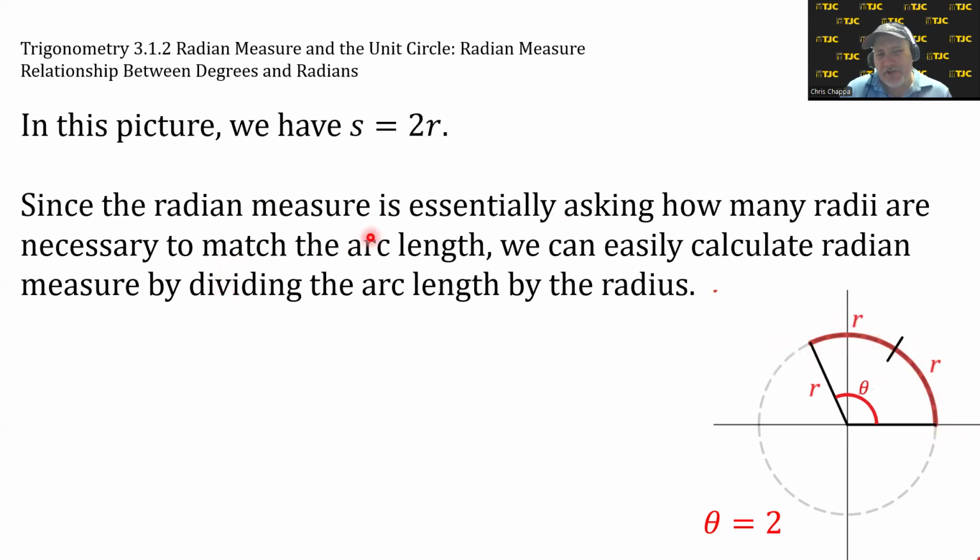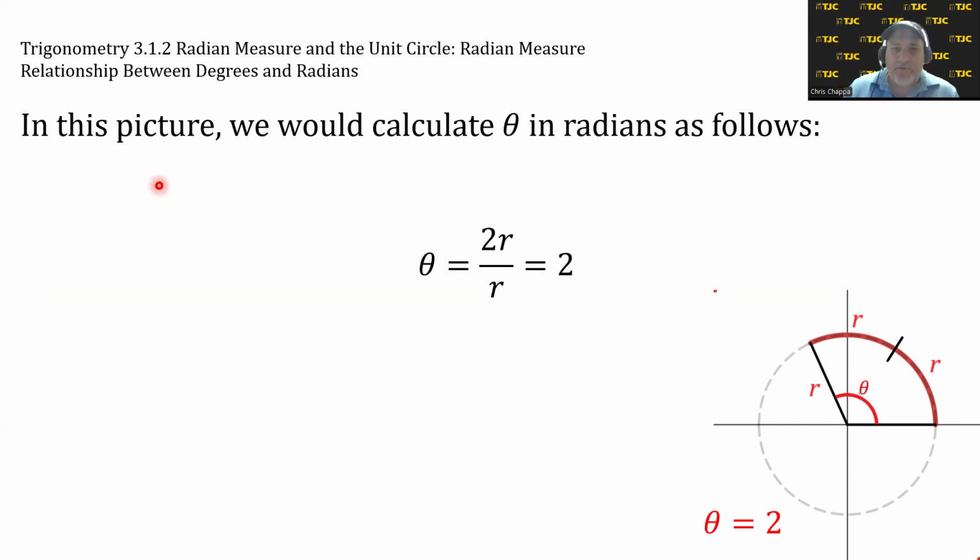Since the radian measure is essentially asking how many radii are necessary to match the arc length, we can easily calculate radian measure by dividing the arc length by the radius. So in this picture, we would calculate theta in radians as follows. Theta equals 2r, the length of the arc, divided by the radius, the r's cancel, and we get a radian measure of 2.